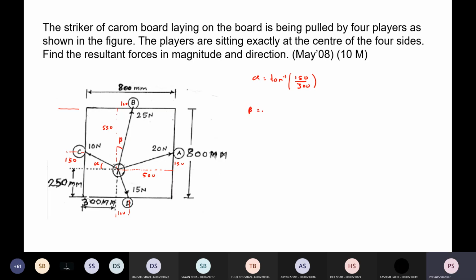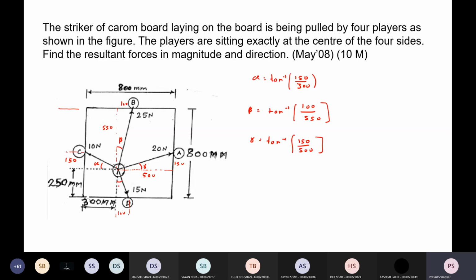Beta will be tan inverse 100 by 550. Let's call this gamma. Gamma is tan inverse 150 by 100.